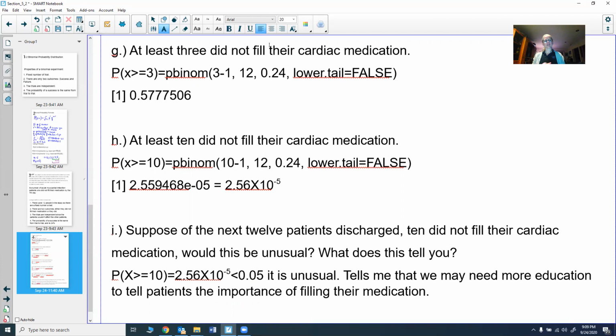We need to check into it and find out why that is. And this is why we do calculations of probability, to see, is something unusual? And if it is unusual and it happens, then that tells you there's something weird going on. Either it's just a weird sample, or you need to change things or look at things to see what's going on. And that's it.